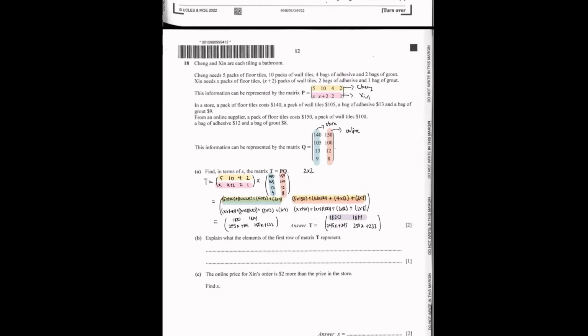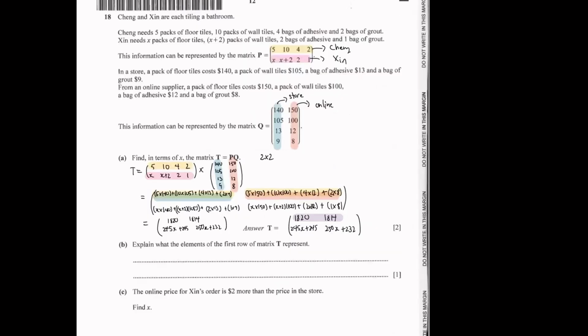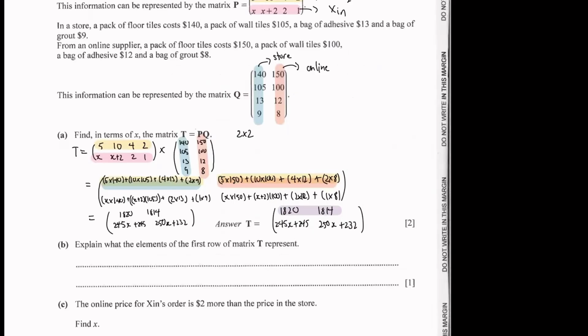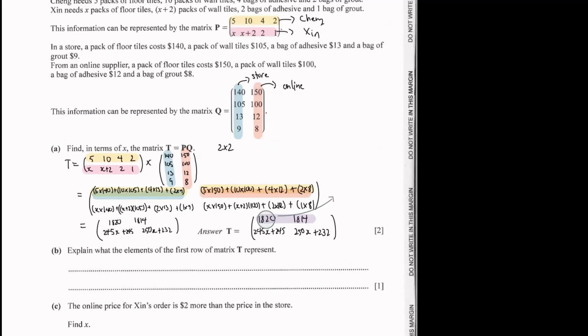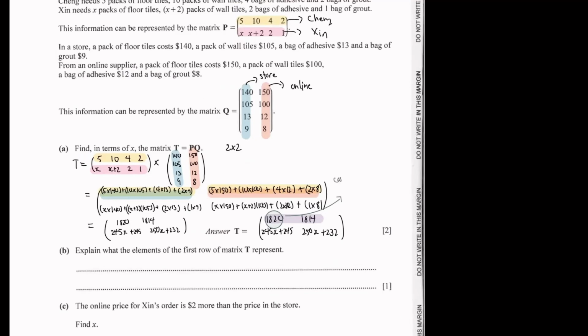So what the first row actually represents is the total cost of supplies for Cheng. So this is the cost of buying from the store, Cheng's cost.